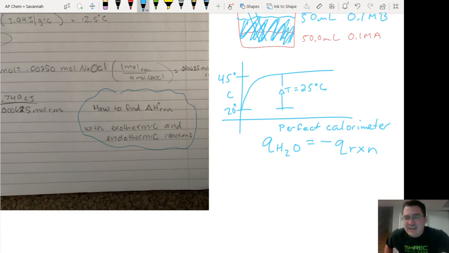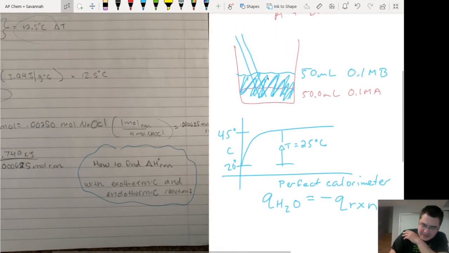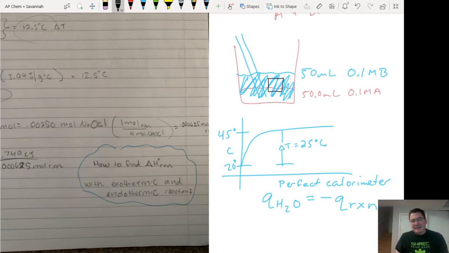Well, if you think of the chemicals as this little black box, okay? I know the chemicals don't look like this, but imagine all the chemicals are in this black box. What is heating up the water? Why is all this blue water getting hotter? Because the chemicals are releasing energy.